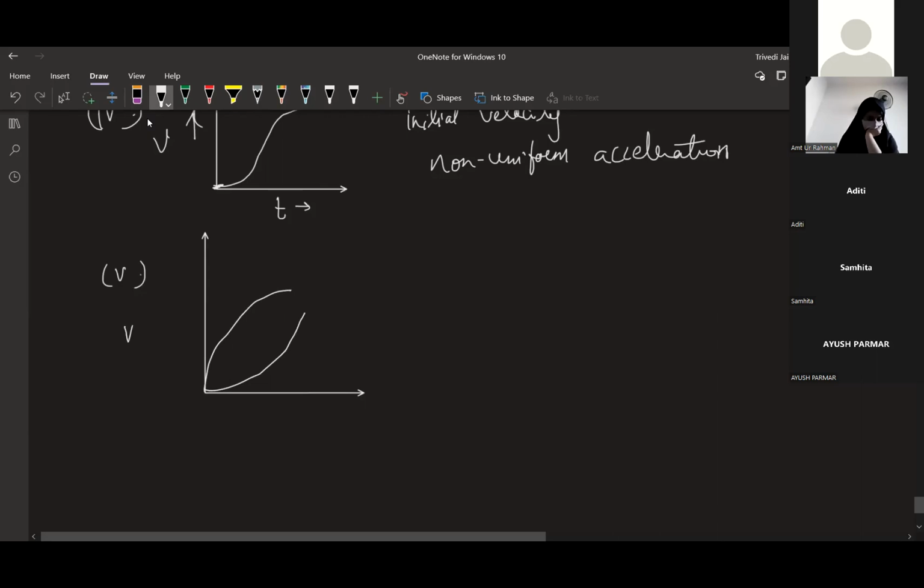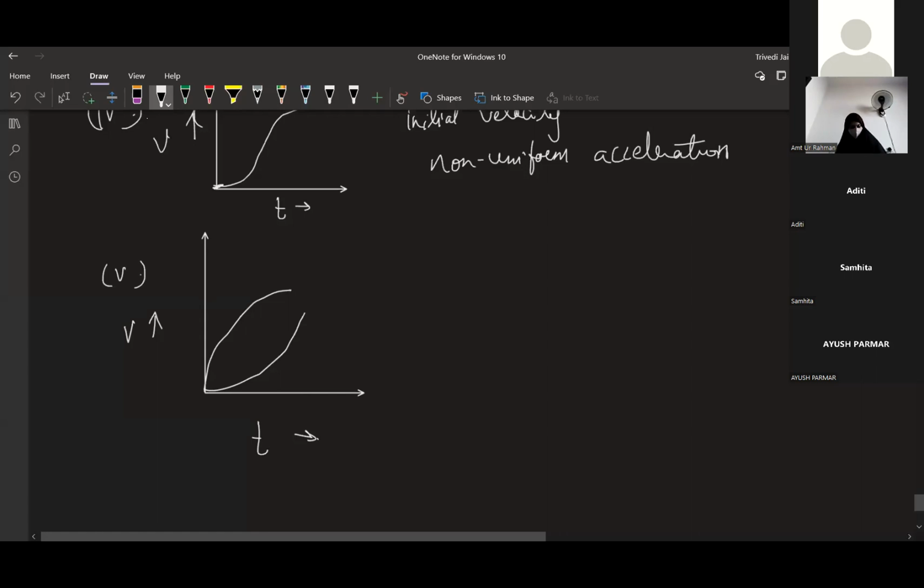What will be this one? Acceleration will... I'm just simply drawing whatever is coming to mind and asking you what will be the graph. Was I correct, sir?